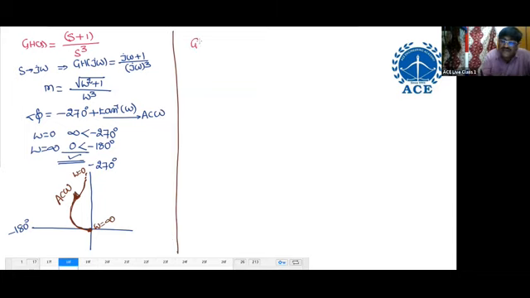GH of S equal to S plus 1, S plus 2 by S cube. Get the answer.